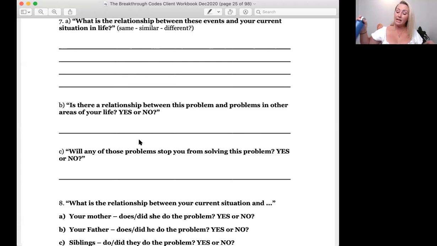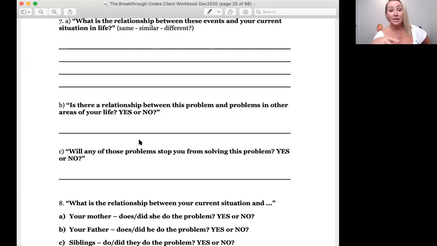What's important here is what they say. Just going to have a drink of water. So if they were to say yes, it will stop me from solving this problem, then this problem is the greater problem.